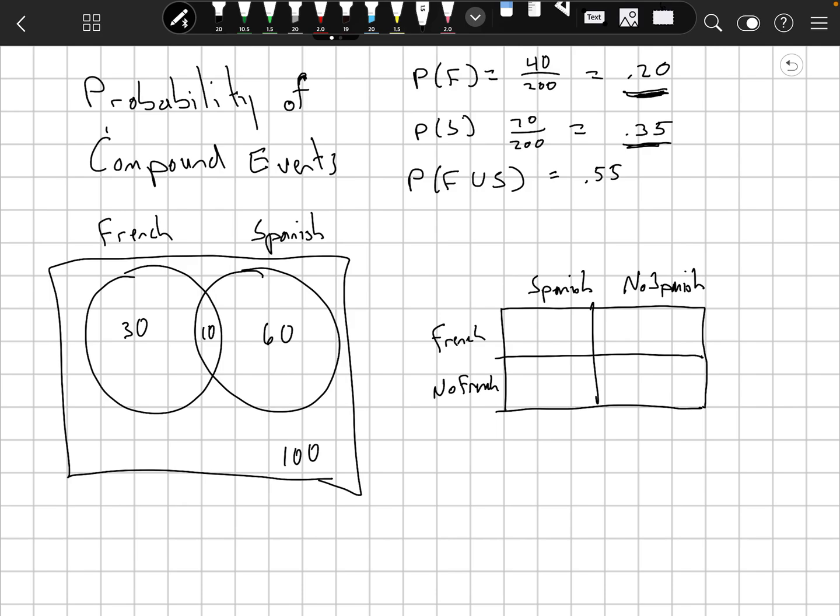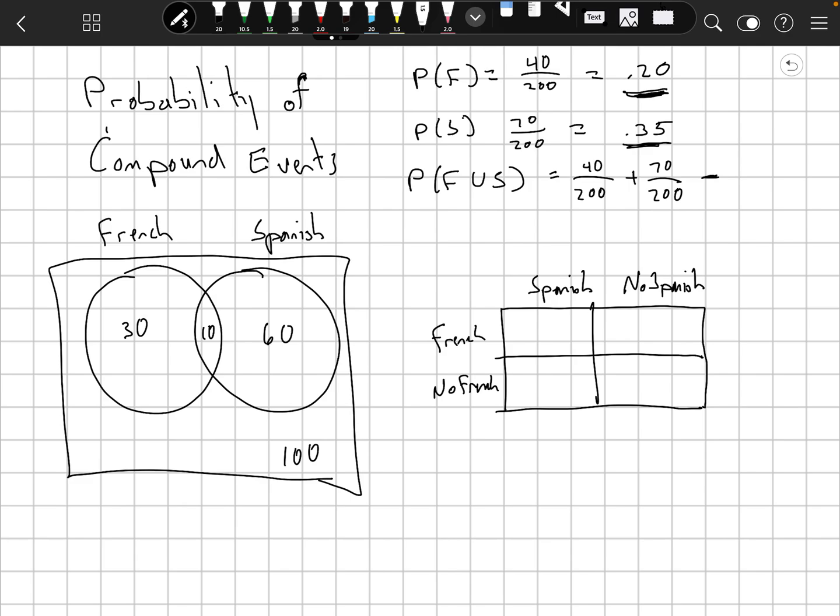So let's do this. We're going to go the probability that they are in French club, and I'm just going to do it as a fraction, 40 out of 200, plus the probability that they're in Spanish club, that's 70 out of 200. But then we have to minus the probability that they're in both, because we've counted it twice.